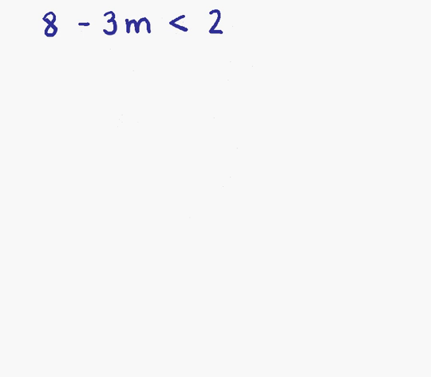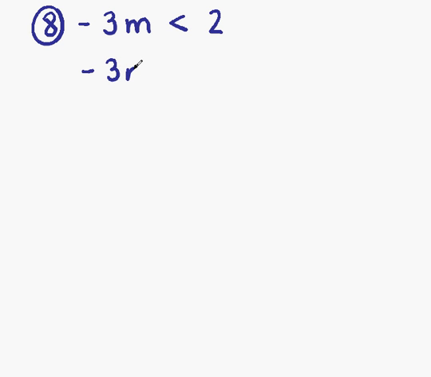This is example number 3. We have 8 minus 3m is less than 2. So first things first, moving our letters to the left and numbers to the right. The only thing that has to move is our 8. 8 means plus 8, so when we change side, we change sign.